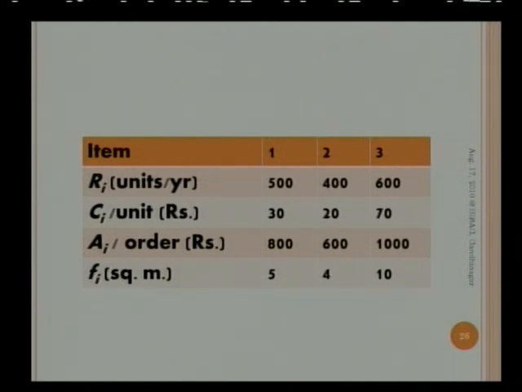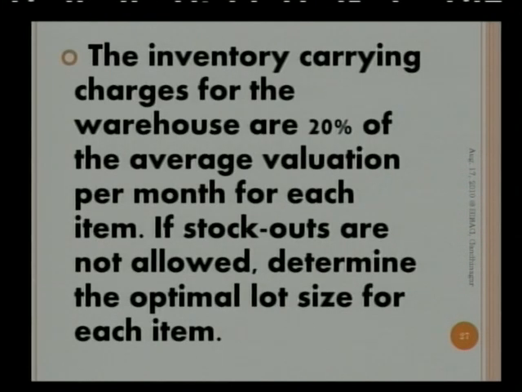The first row represents the demand per unit per year, and the purchase cost is represented by the second row. The third row represents the ordering cost, and the fourth row represents the storage capacity per unit in square meters of the first, second and third product.